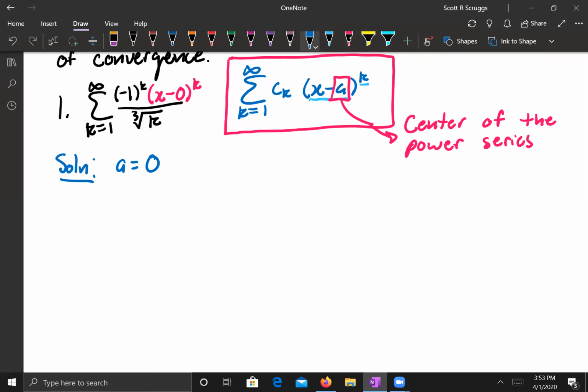And also in this case, let's go ahead and list out c of k. It is the coefficient that is not with the x to the kth power. So it would be, in this problem, (-1) raised to the kth power divided by the cube root of k to fit in our formula.